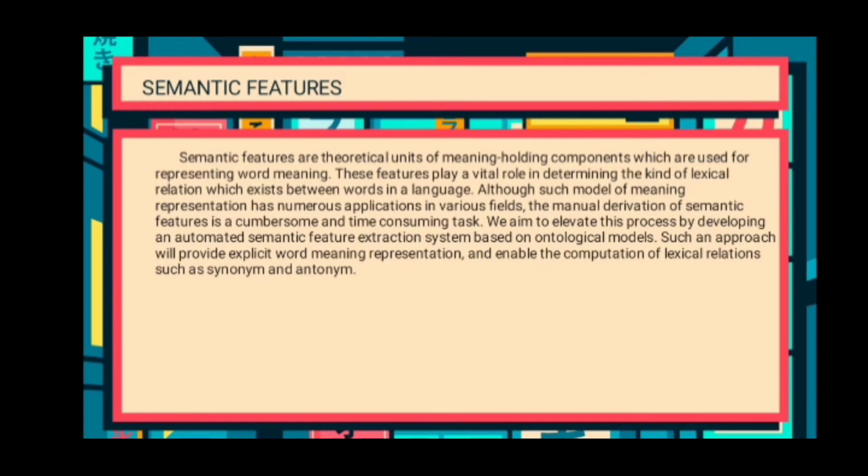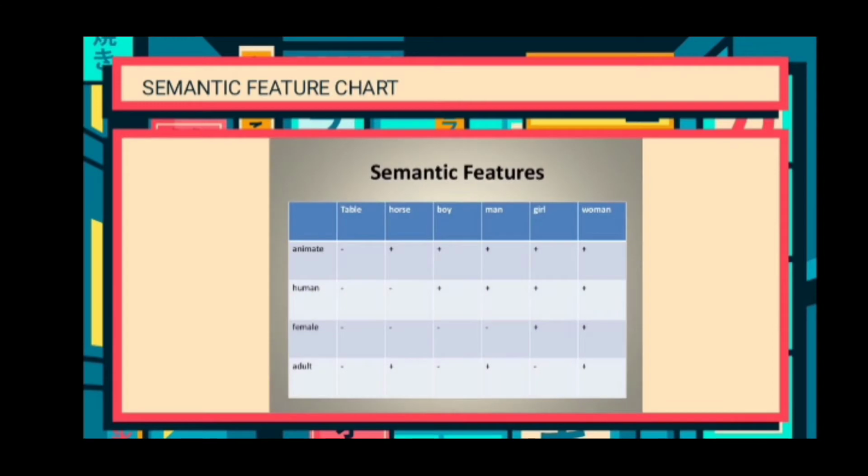We aim to alleviate this process by developing an automated semantic features extraction system based on ontological models. Such an approach will provide explicit word meaning representation and enable the computation of lexical relations such as synonym and antonym. And this is a semantic feature chart.